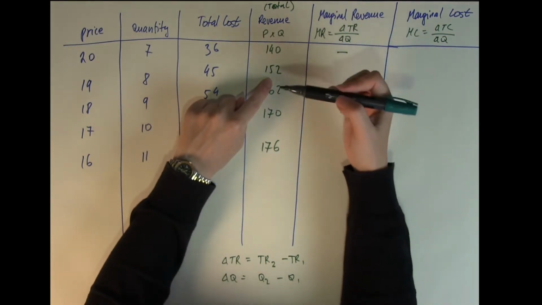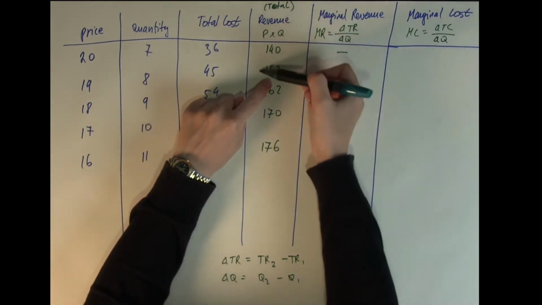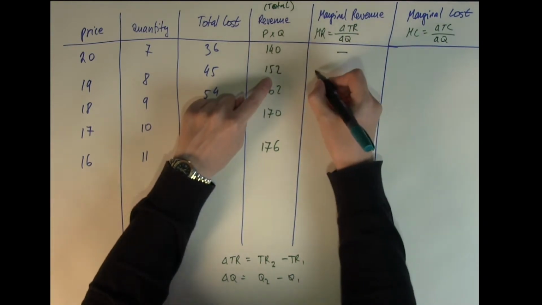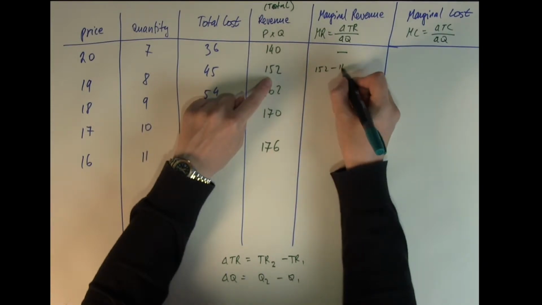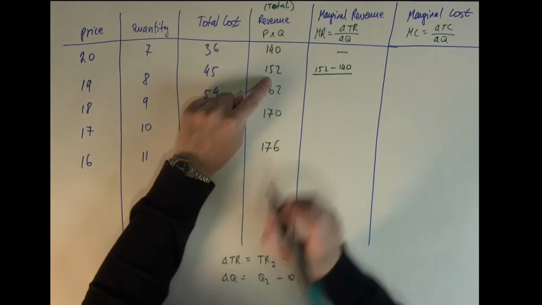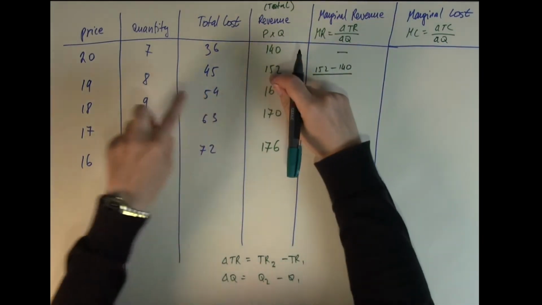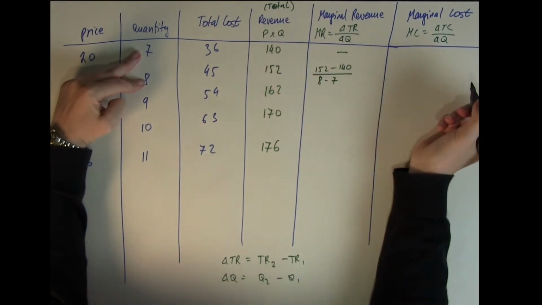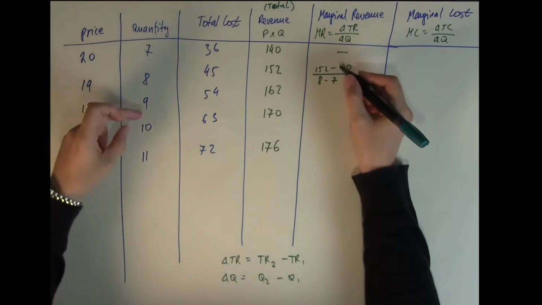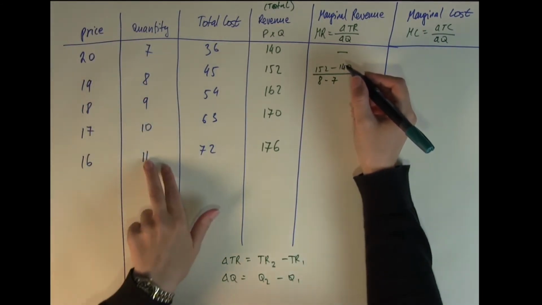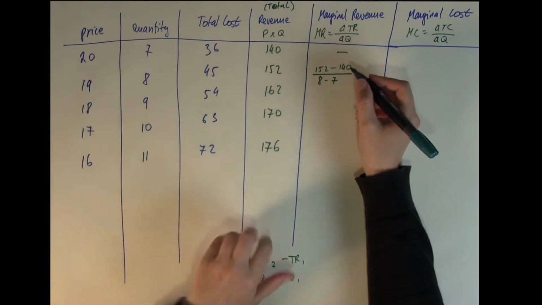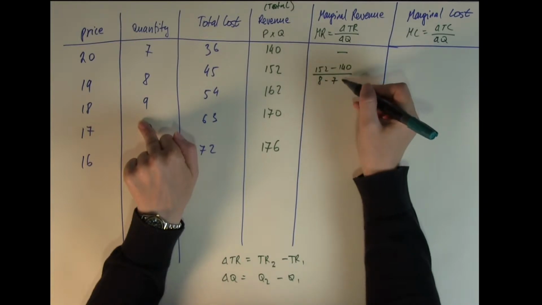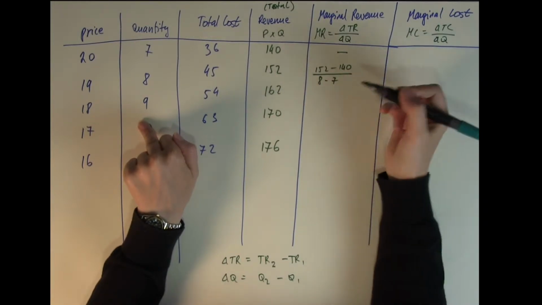The change in total revenue for this part will be 152 minus 140, and that needs to be divided by the change in quantity, which is 8 minus 7. Well, that's just 1. The change in quantity is always 1 for every single one of these rows in the table. So I will always have to divide by 1, but dividing by 1 makes no difference.